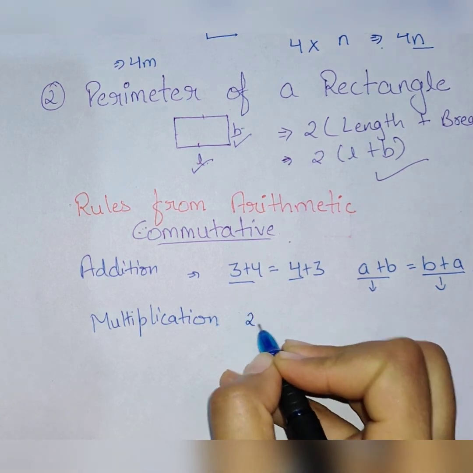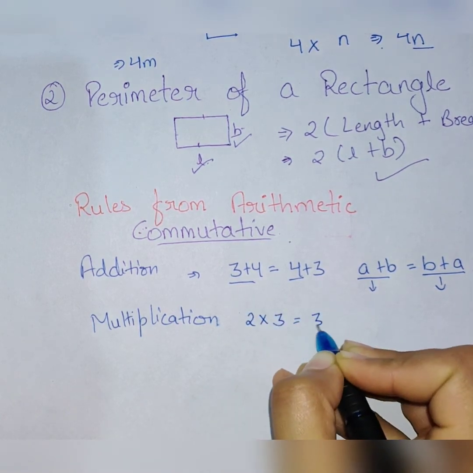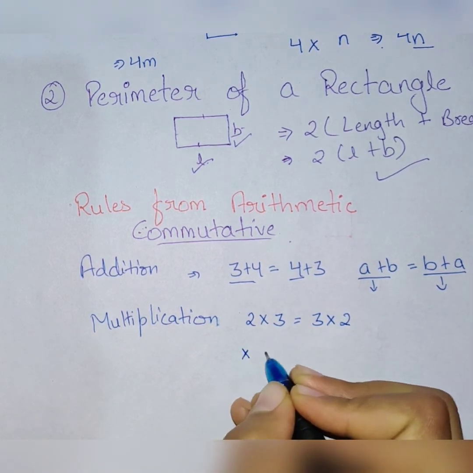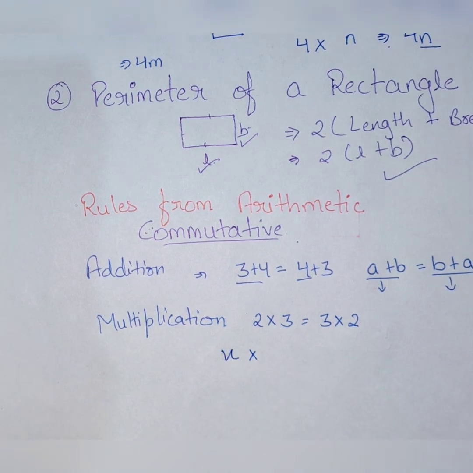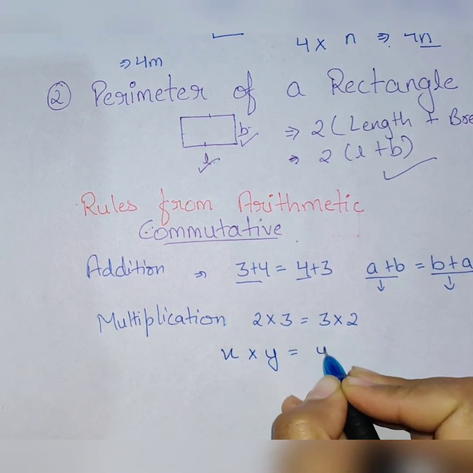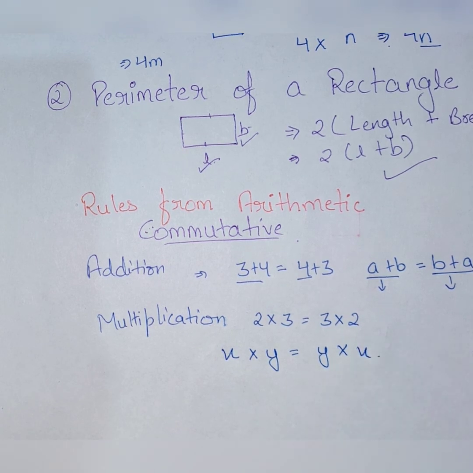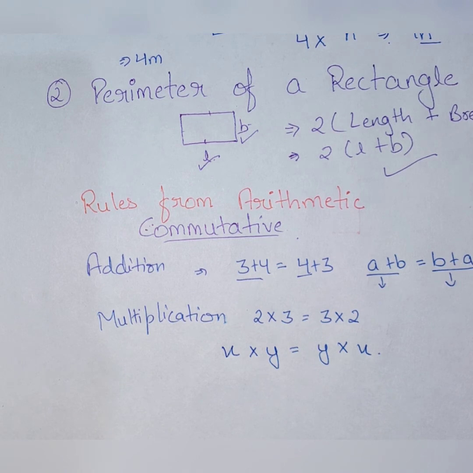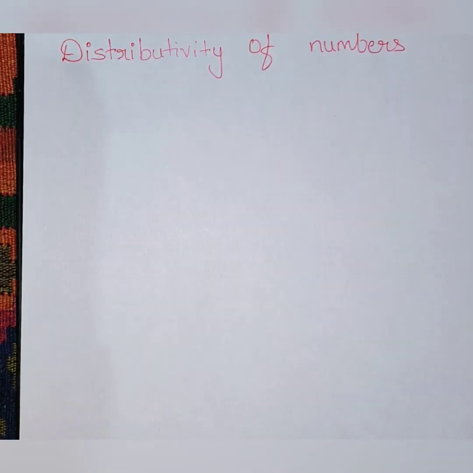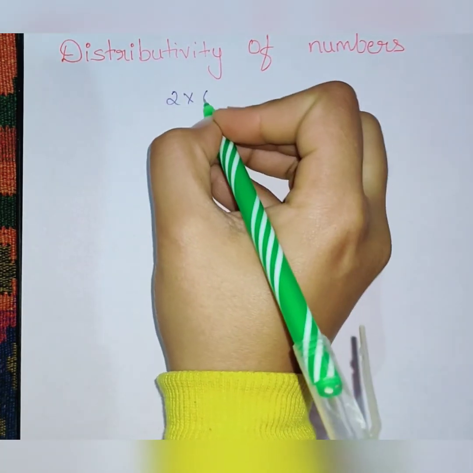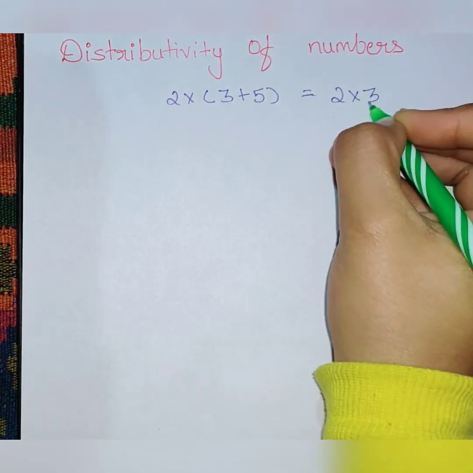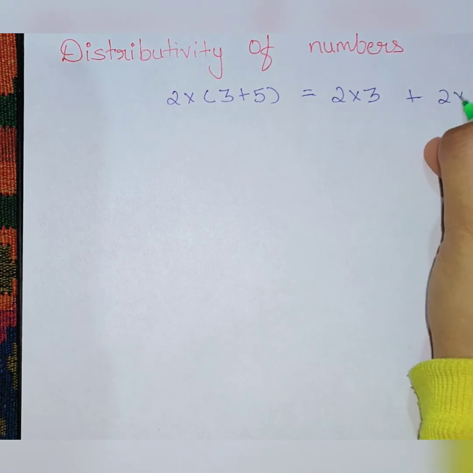Same as for multiplication, 2 into 3 is equal to 3 into 2. For this also you can take variables: x into y is equal to y into x. Now next is the distributive property, that is, distributivity of a number. In distributivity of a number you have studied 2 into 3 plus 5 is equal to 2 into 3 plus 2 into 5.